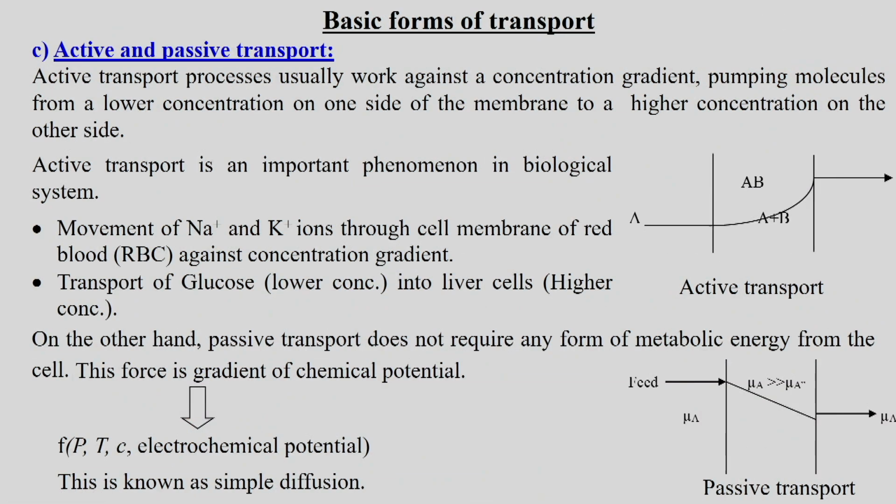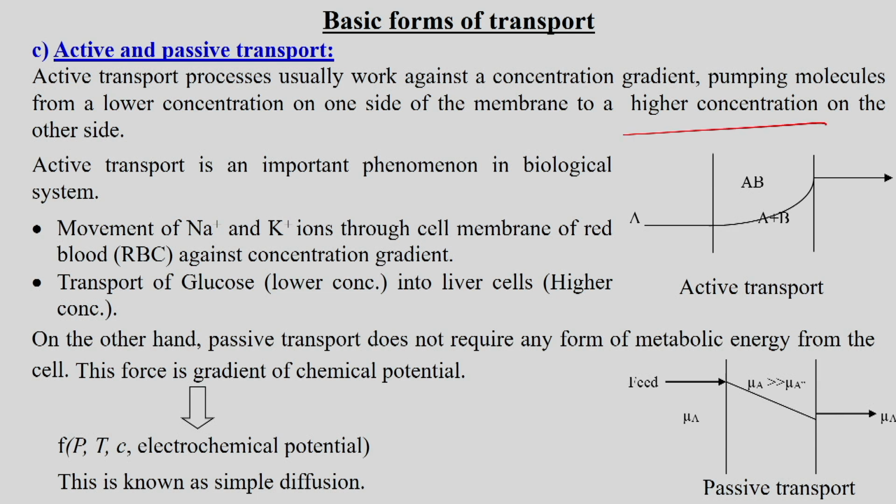Now, active and passive transport through the membrane are the basic forms of transport. Active transport processes usually work against the concentration gradient, pumping molecules from a lower concentration on one side of the membrane to a higher concentration on the other side.